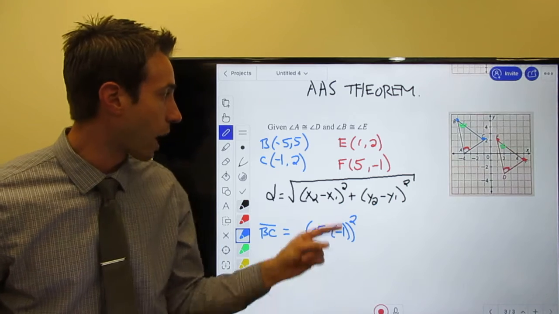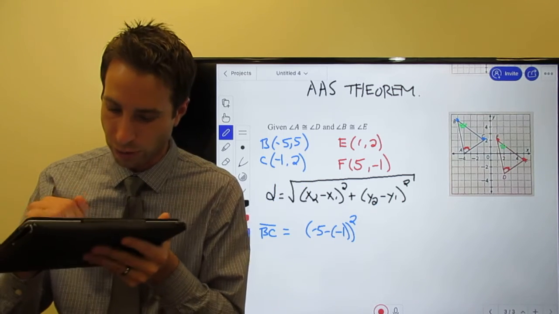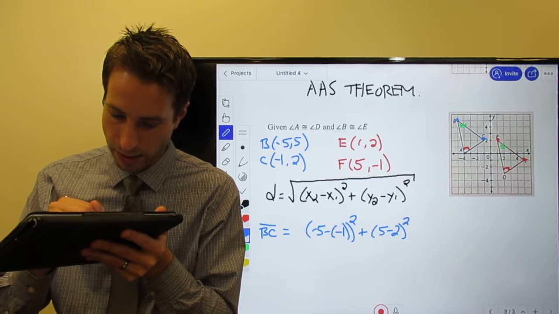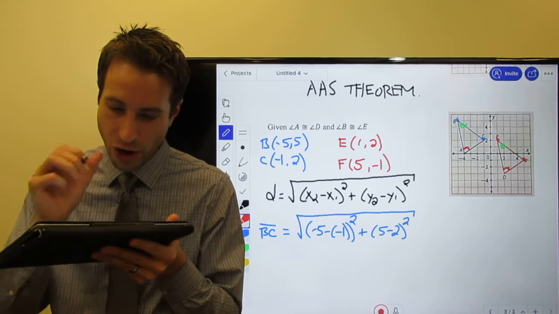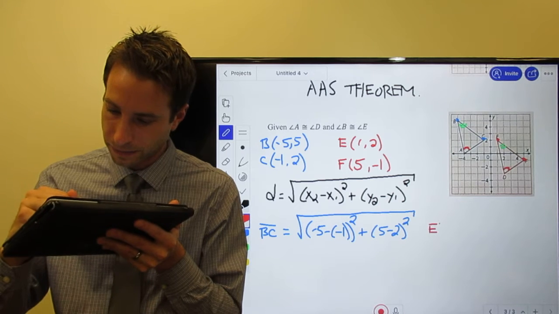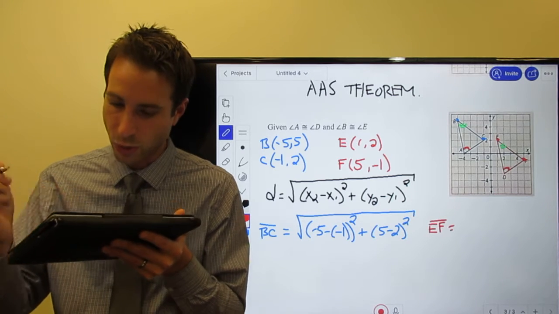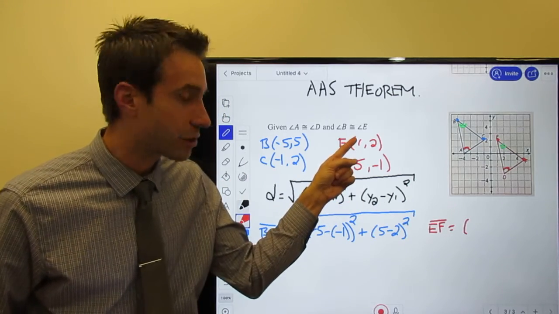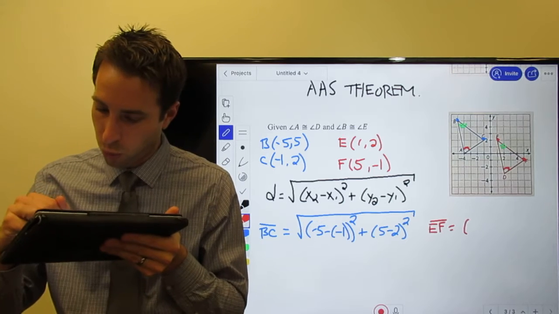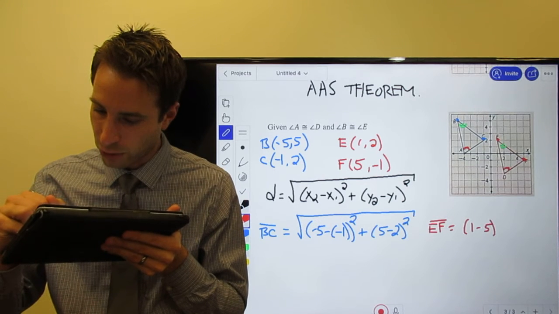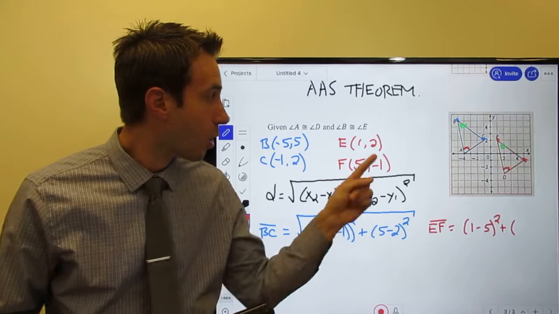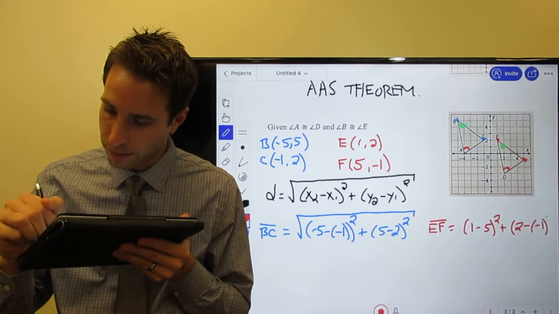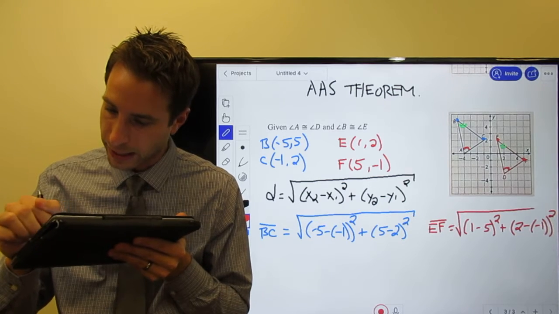Then y2 minus y1, so that'd be 5 minus 2, and I'll square that. Then right over here, I have EF. Set this one up as well. x2 minus x1, I'll do it the exact same way. So 1 minus 5, which I'll square, plus y2, y1, so 2 minus -1, which I'll square, and take the square root.